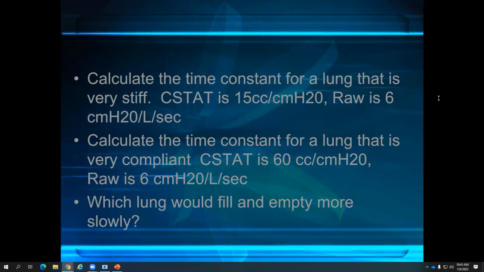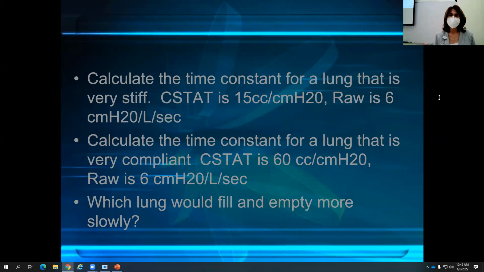Oh, add 1 more 0, Brent. So Brent, type it in with the extra 0. Yes, very good. All right, so that's what we're going to use for the static compliance. Multiply by 6 because that's the airway resistance.